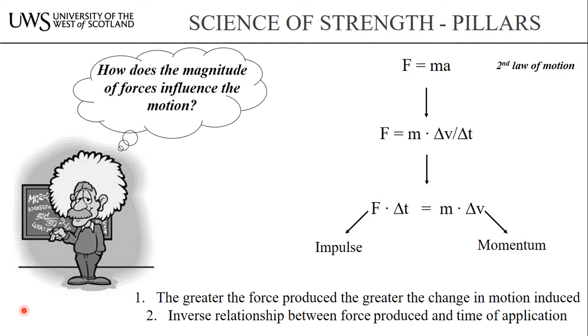According to the second law of motion, or law of acceleration, which is reported here at the top of the slide, there is a direct relationship between the force F and the acceleration A, where M stands for mass, which is the mass of the body or the mass of an external object if we're talking about specific exercises focused on moving an external object.